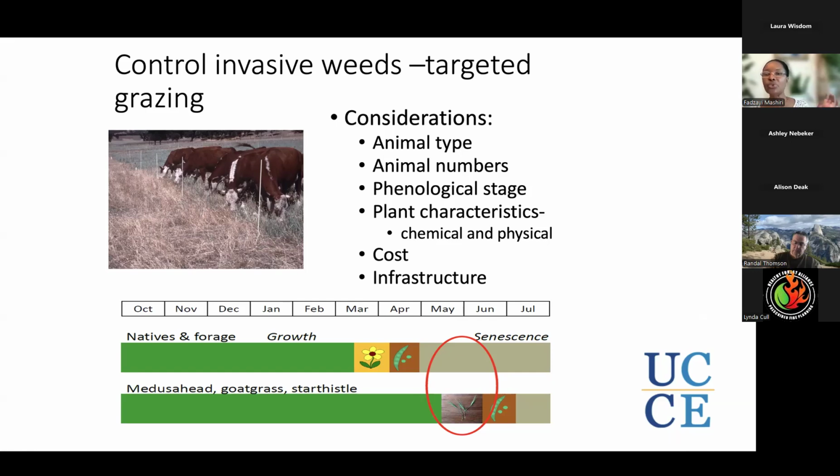You might want to use electric fences to circle out smaller pieces so you can really hit them hard when you want to graze them. So here, essentially, it's really trying to figure out what time of the year you can make an impact on the less desirable species and not do long-term damage to the desirable species.